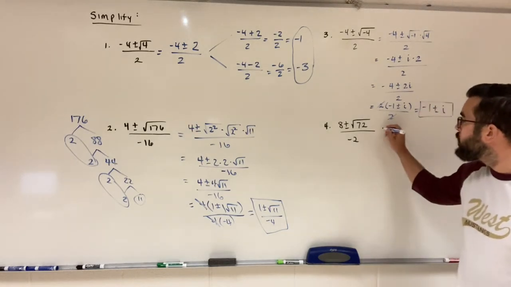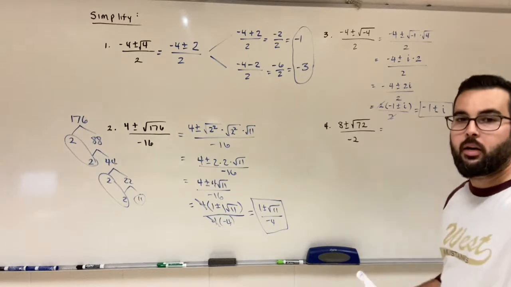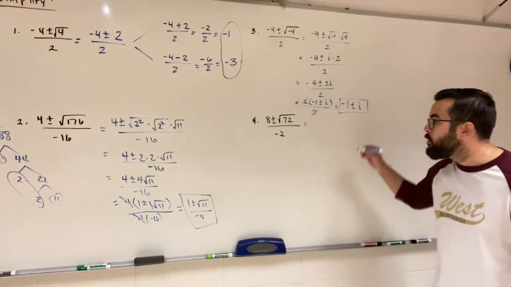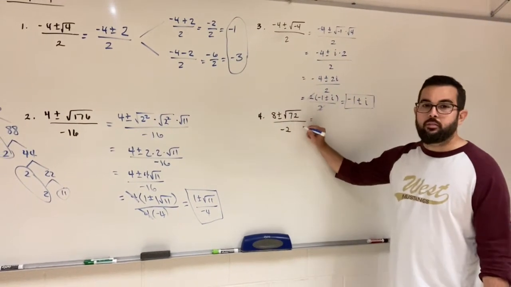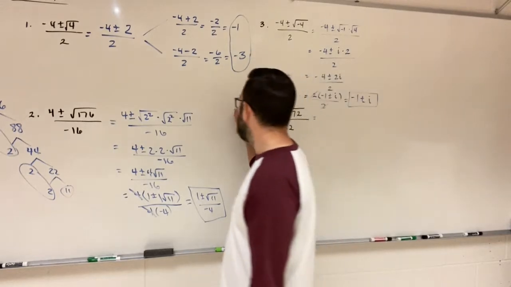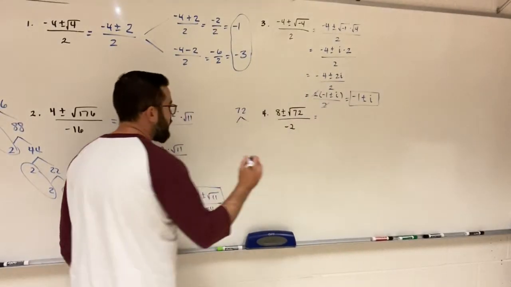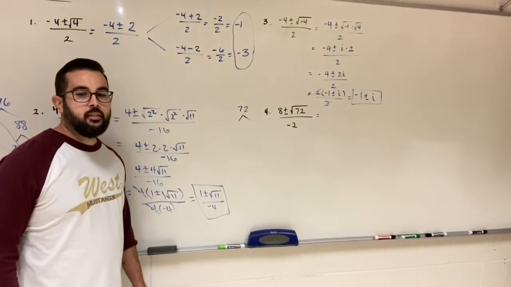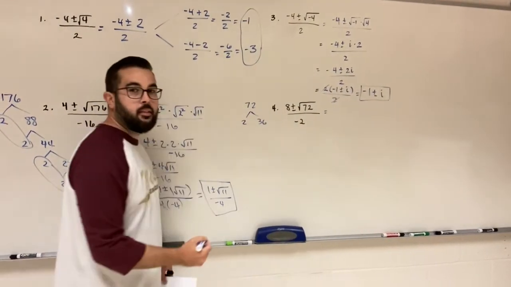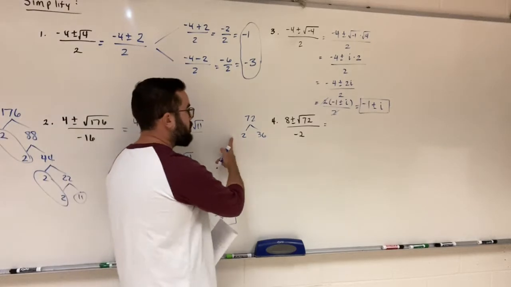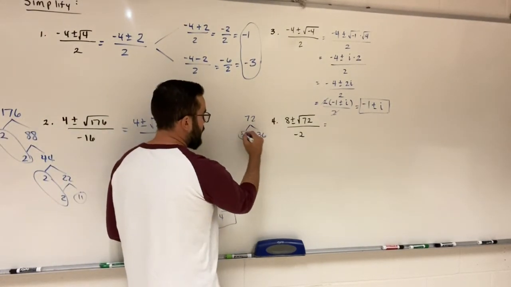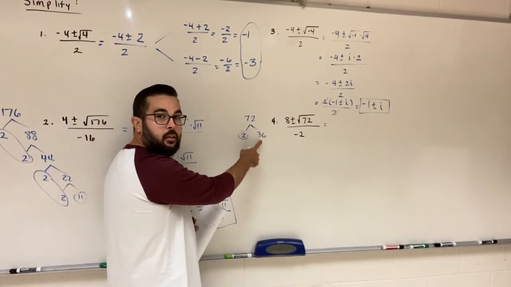Okay, number 4. Number 4, let's get this over. All right, number 4, we need to start with the square root of 72. So 72, if I start breaking that down into its prime factors, is 2 and 36. So 72 is 2 times 36, and I notice right there, there's a perfect square.